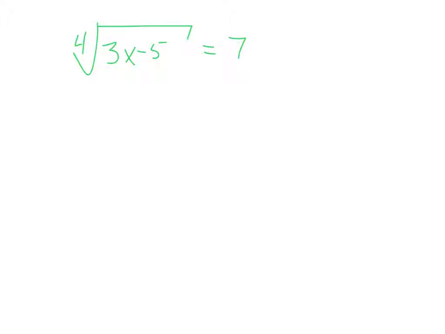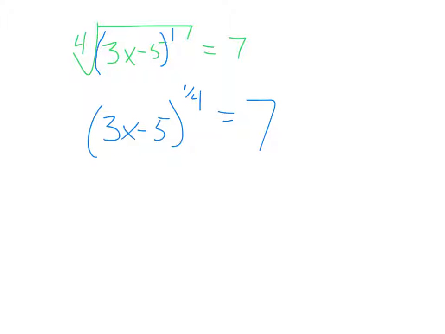I'll give you a hint. What is this stuff raised to? 4. No, just the inside part. To the first, okay. So if I wanted to rewrite this without a radical, it would be to the what? 1/4, thank you.